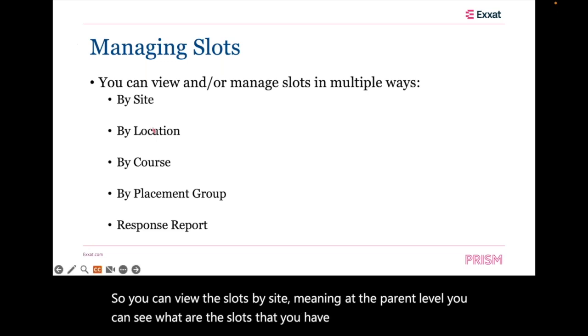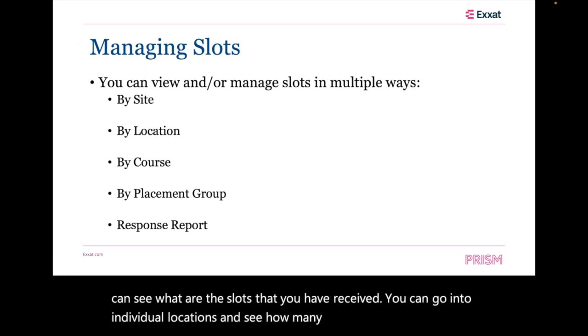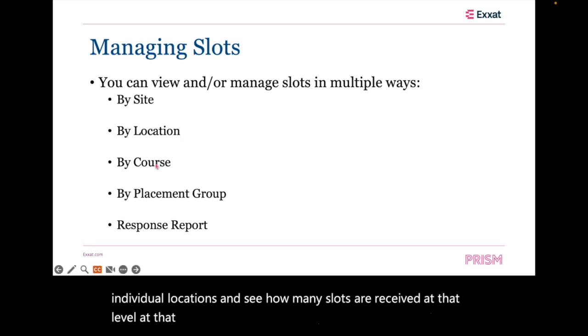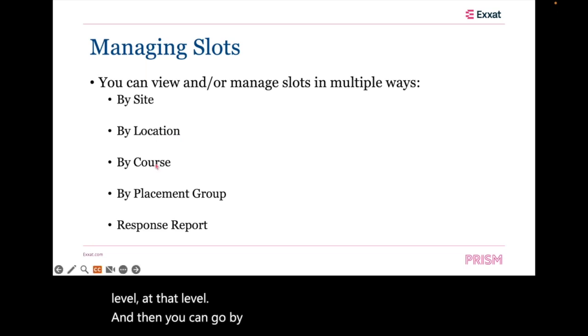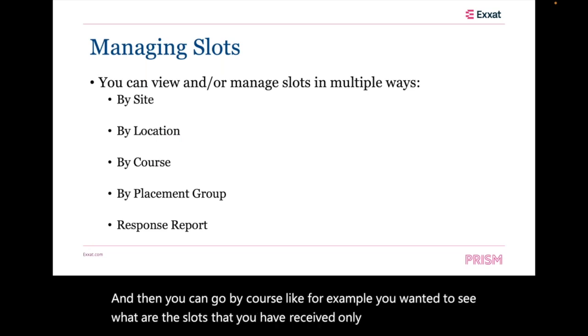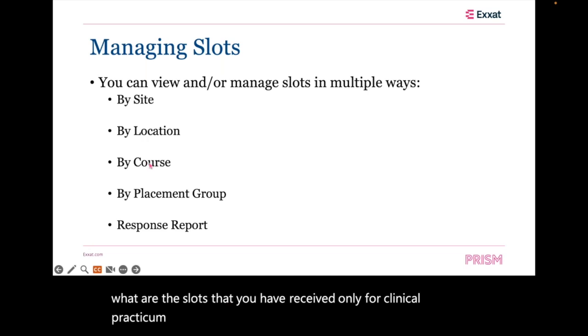You can go into individual locations and see how many slots are received at that level. And then you can go by course, for example, if you want to see the slots you have received only for clinical practicum 1, you can go by that particular course. Or let's say you want to group certain courses together.